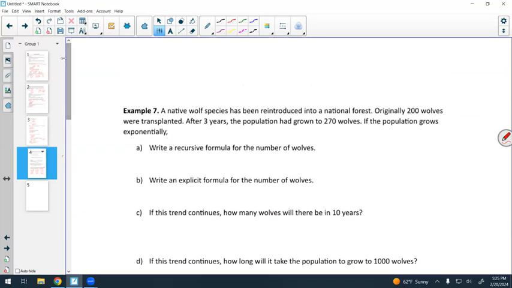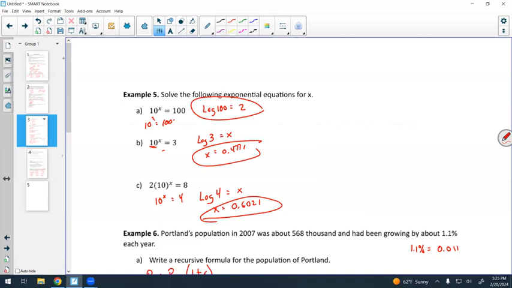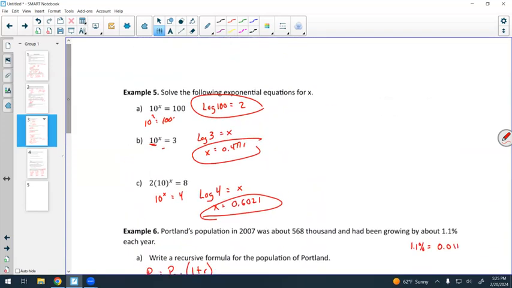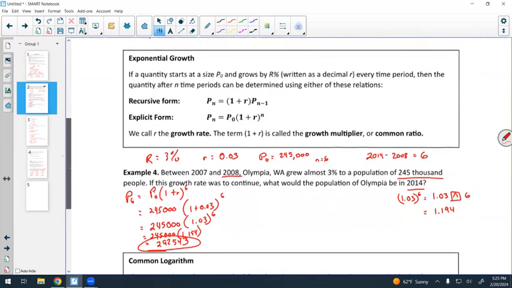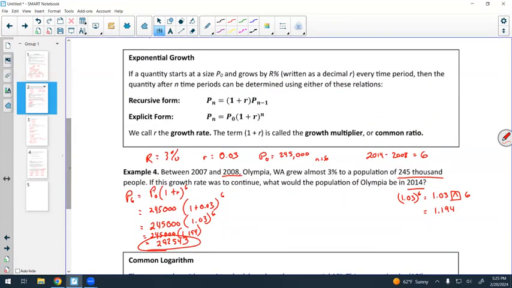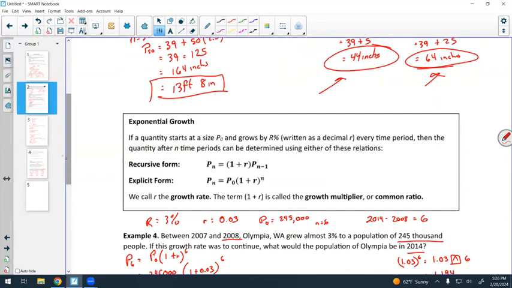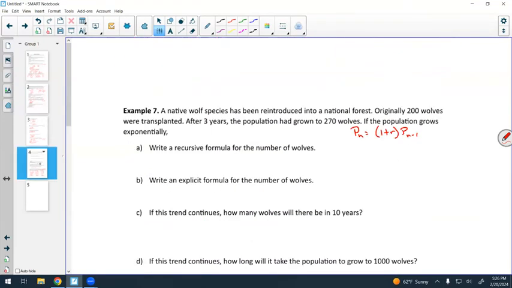We know, going back to our recursive formula, P sub n equals 1 plus R times P sub n minus 1. Is that right? Yes. That's for a recursive formula.